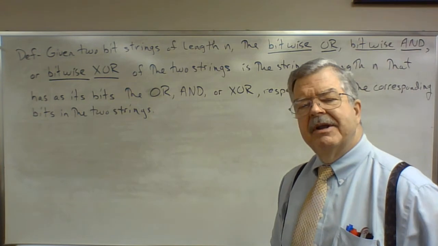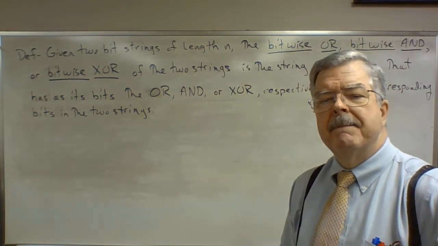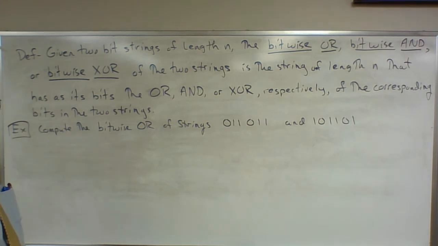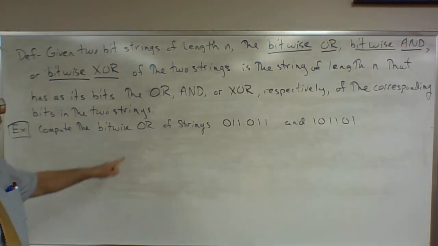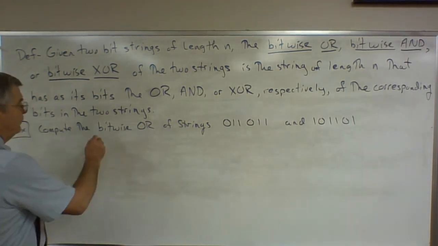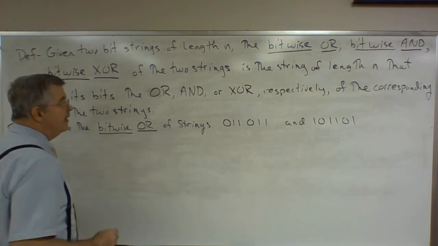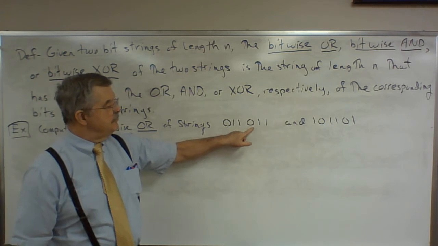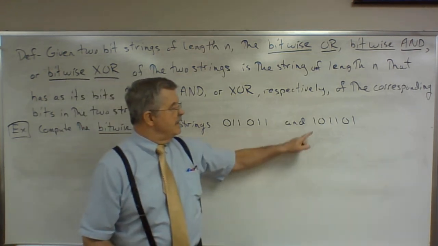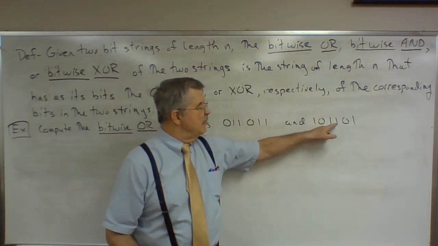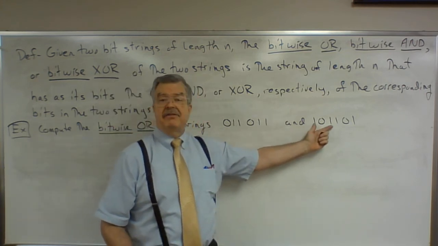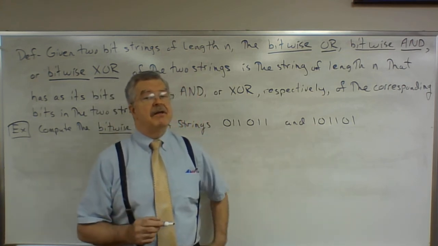Now let's look at an example. Compute the bitwise OR of these two strings, 0 1 1 0 1 1 and 1 0 1 1 0 1. Both strings have length 6. They have the same length.